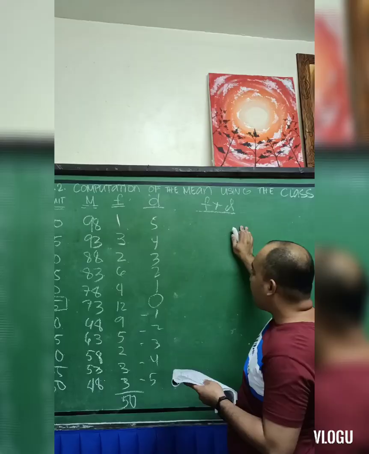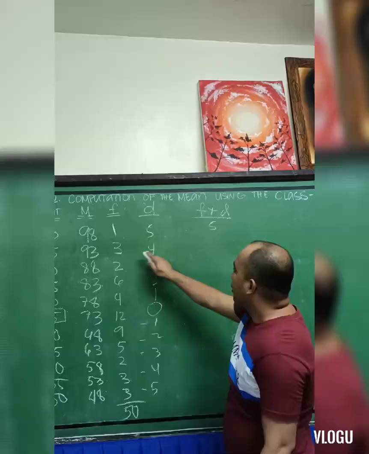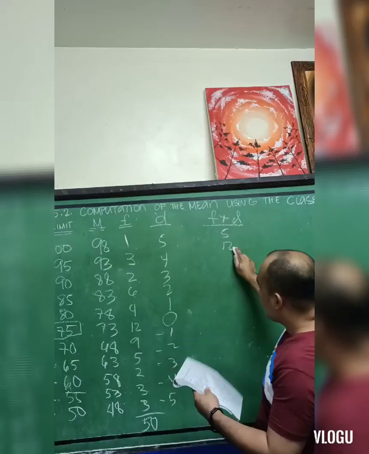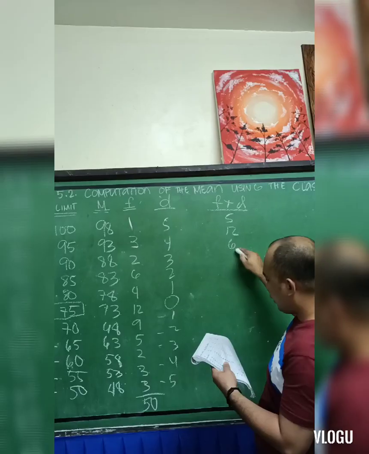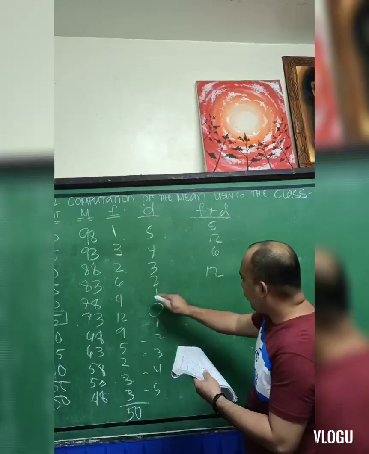So we just simply multiply. 1 times 5 is 5. 3 times 4 is 12. 1 times 6 is 6. 6 times 2 is 12. 4 times 1 is 4. 12 times 0 is 0.